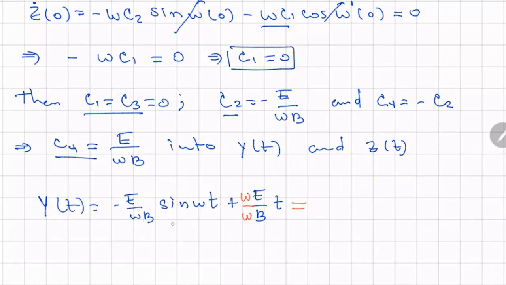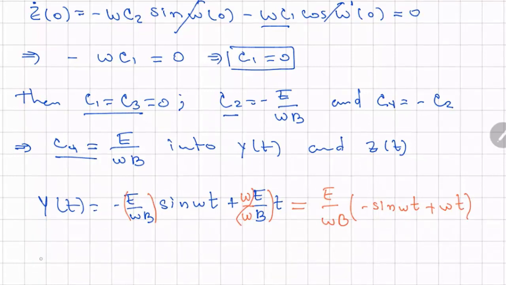So this equation, we take common factor out this term, E over wB, common factor out. Alright, when we do that, we get E dividing wB multiplying minus sine of wt plus wt.